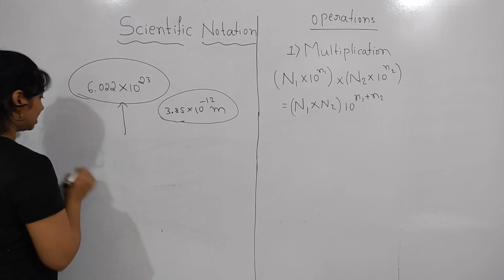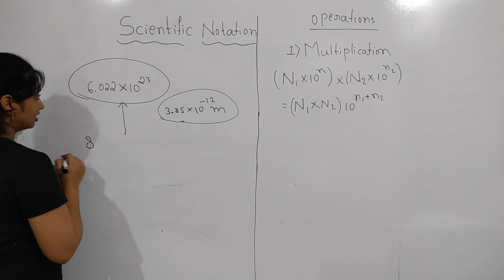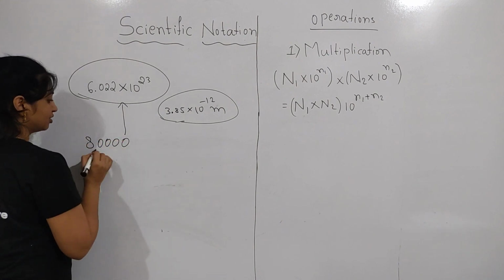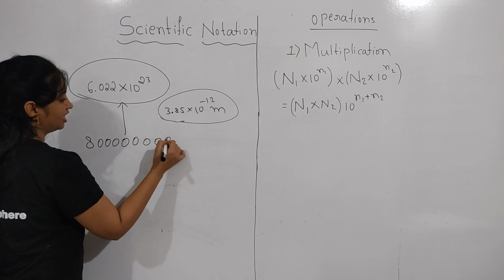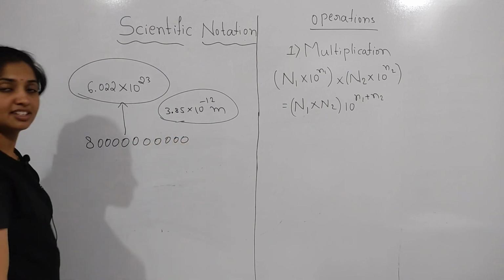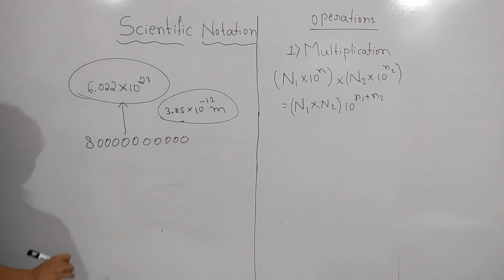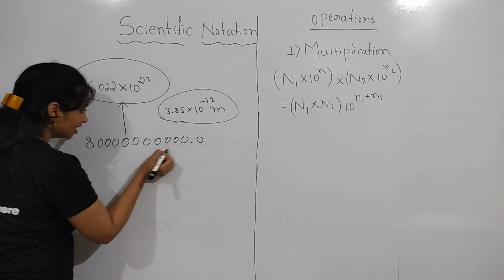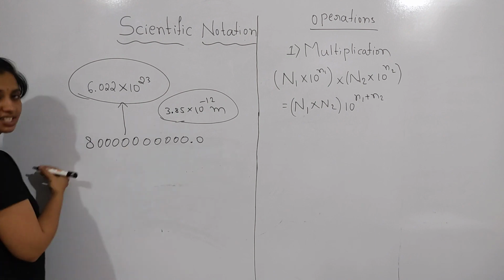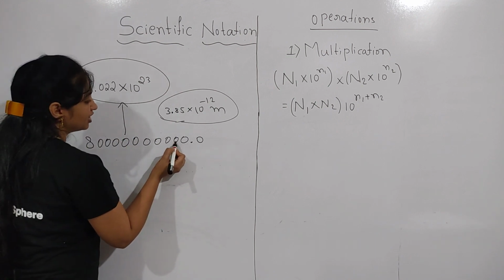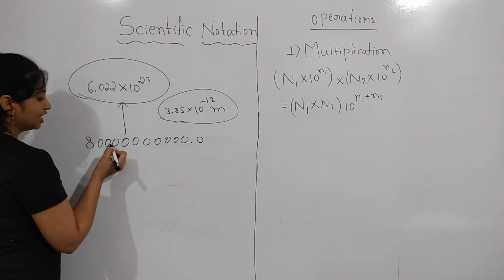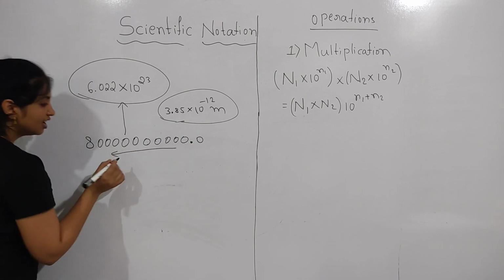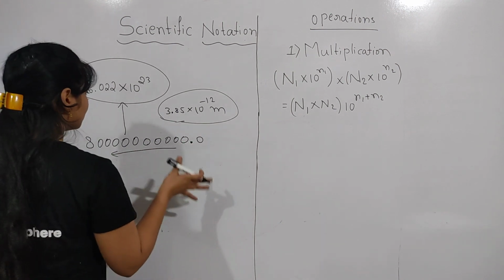For example, I wish to take another example here. 8 0 0 0 0 4 5 6 7 8 9 10. So 10 zeros are there. You shift the decimal point on your left side towards the 8. Then 1 2 3 4 5 6 7 8 9 10. You shifted this point towards your left side.